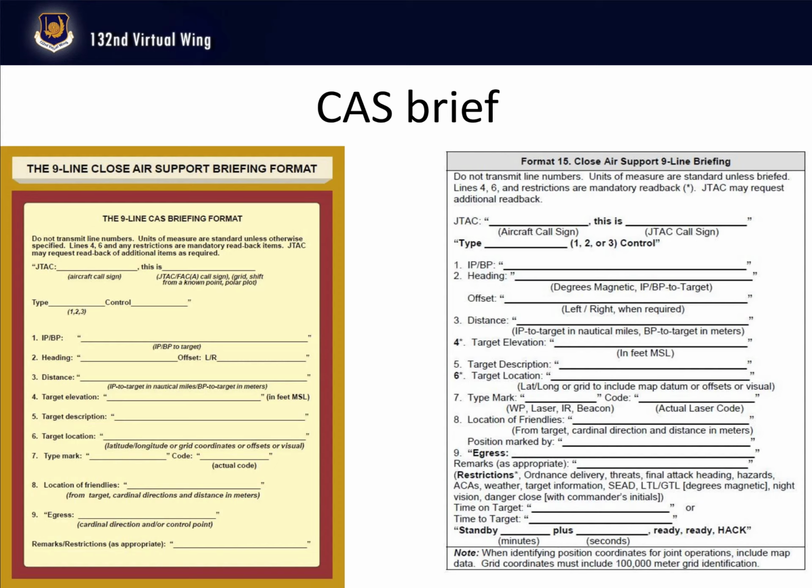I will get to it later, actually. After you give me the readbacks, and the readbacks are good, I will ask you to call ready for remarks and restrictions. Now you are ready to copy remarks and restrictions, and it will be remarks first. Slew sensor to line 6 or to target location, and call ready, call contact.